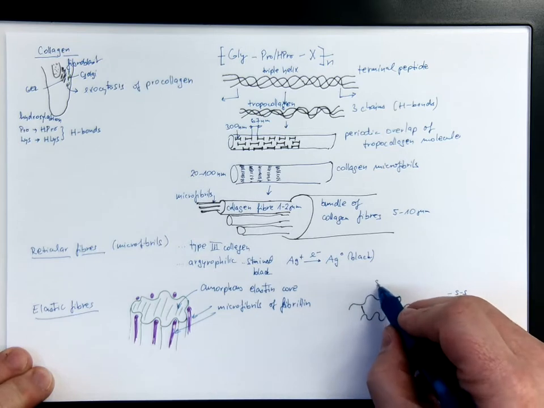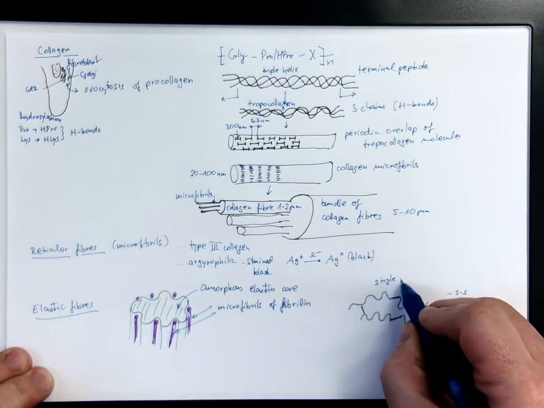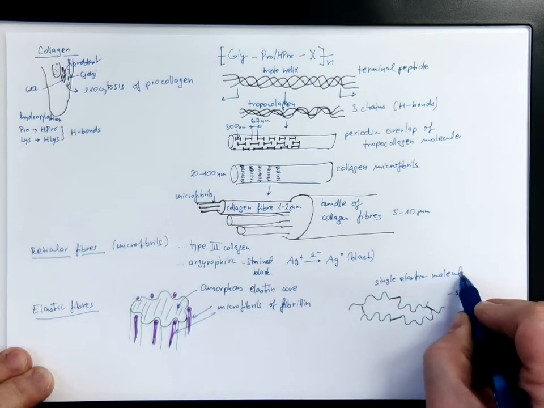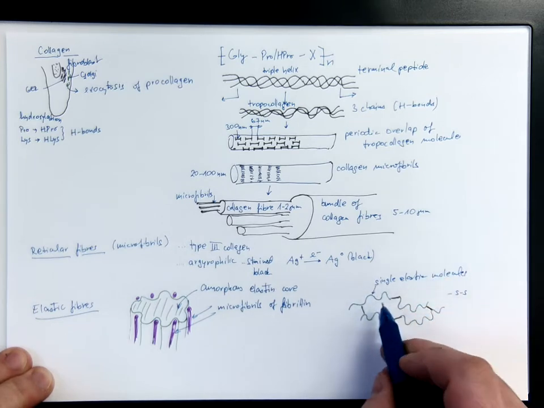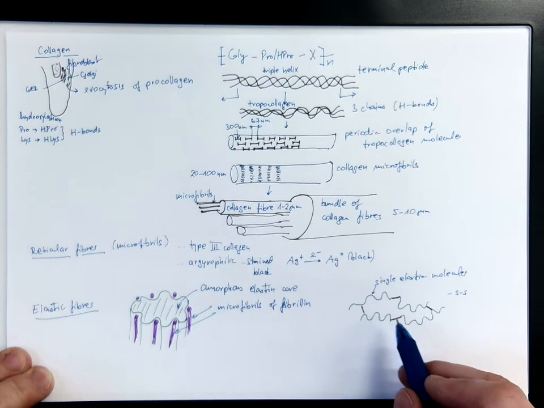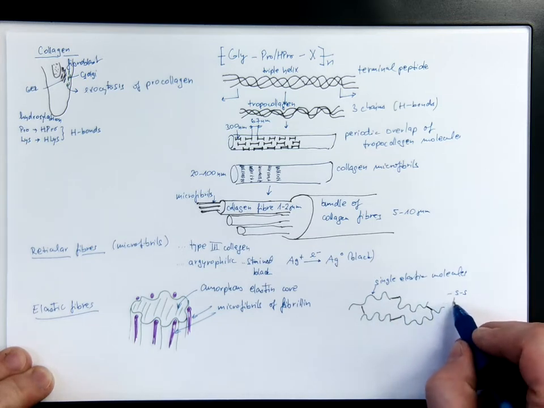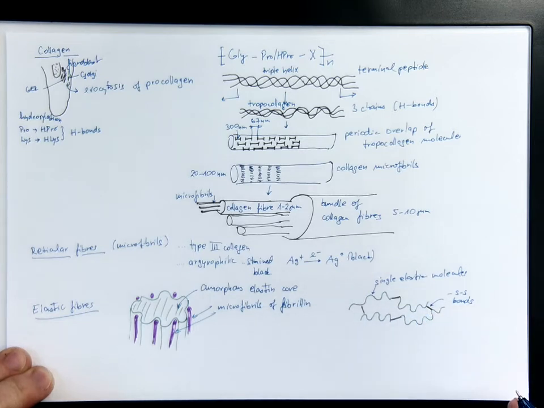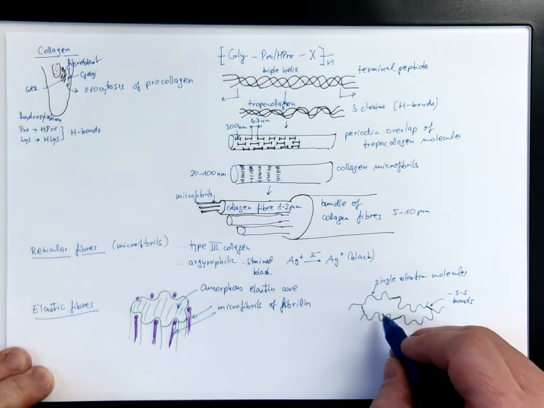So these are single elastic molecules with their hydrophobic domains with a natural tendency to minimize their contact with the surrounding hydrophilic tissue fluid, and we have these stabilizing bonds among the molecules, and that's how the elastin looks in the relaxed condition.